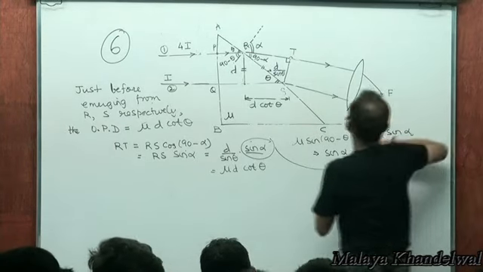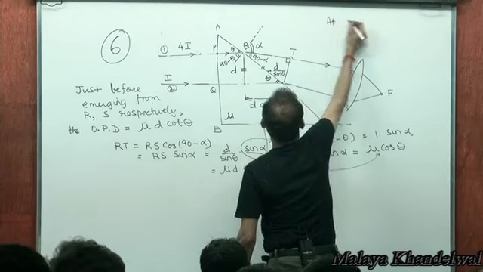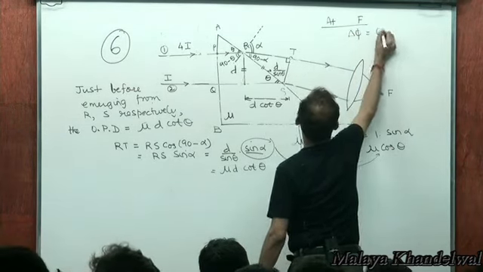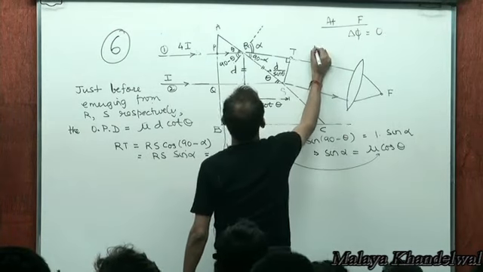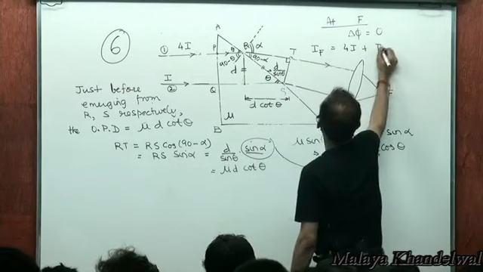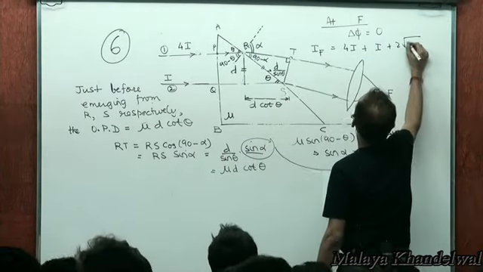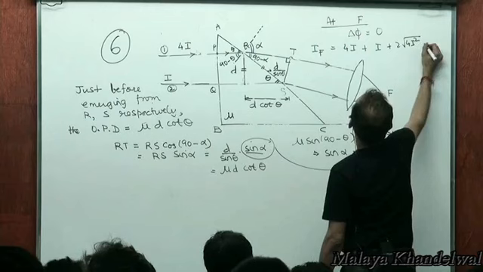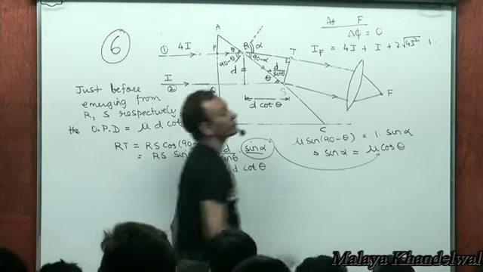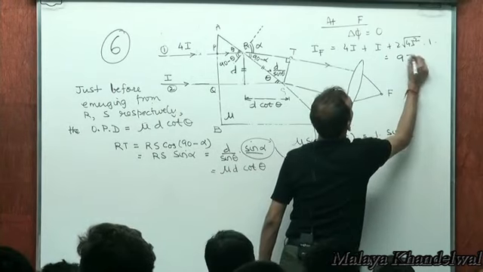So at F, delta phi is 0, and the intensity at F is going to be 4I plus I plus 2 root(4I squared) cos delta phi, which is 1, so 9I. Therefore 9I would be the intensity at F.